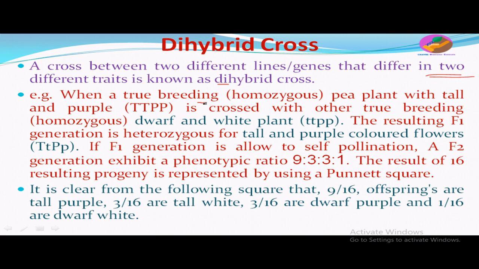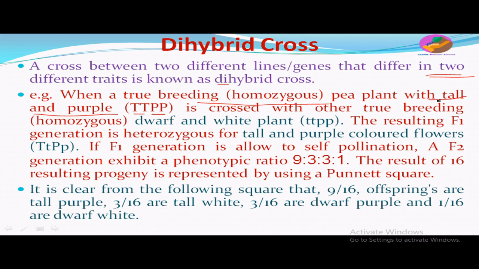When a true breeding homozygous pea plant with tall and purple is crossed with another true breeding homozygous dwarf and white plant, the resulting F1 generation is heterozygous for tall and purple colored flowers. Here you can see there are two parents. The first parent is tall and purple colored: capital T, capital T, capital P, capital P. There are two traits considered: TT for height and PP for the color of the flower.